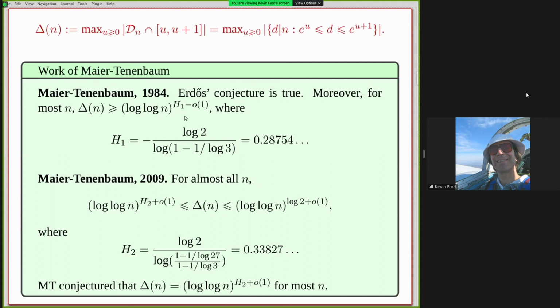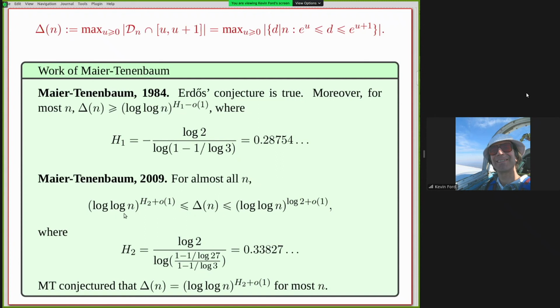Okay, so this particular constant here was refined by the same authors in 2009.